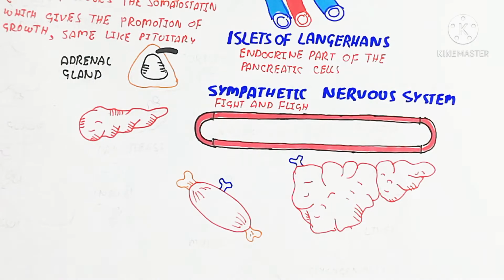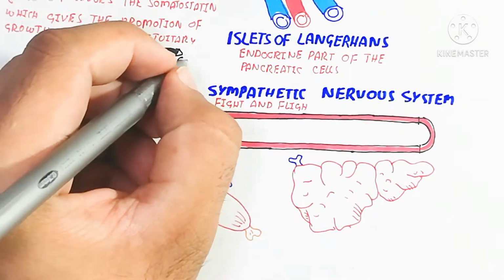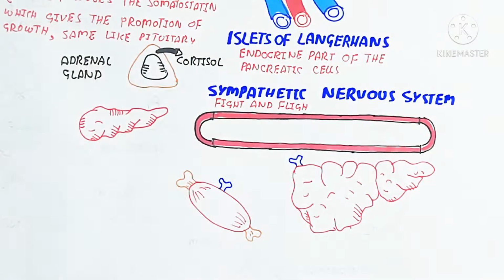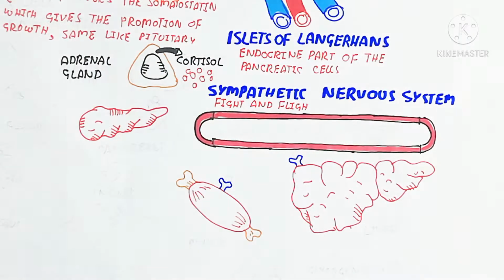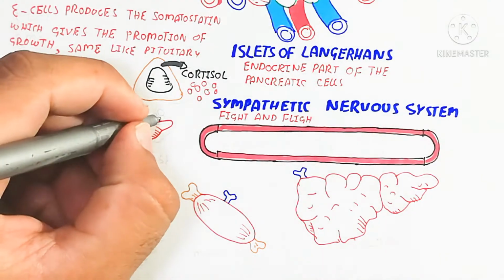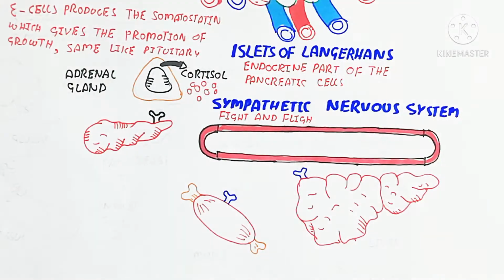Here is the muscle, and the adrenal gland as well as the pancreas are shown in red. The adrenal gland has neurosecretory cells stimulated to produce cortisol hormone.